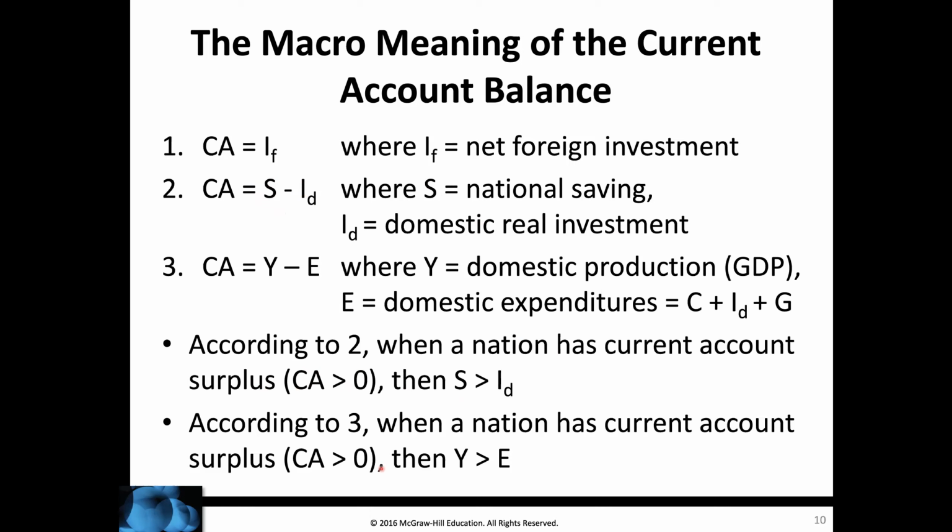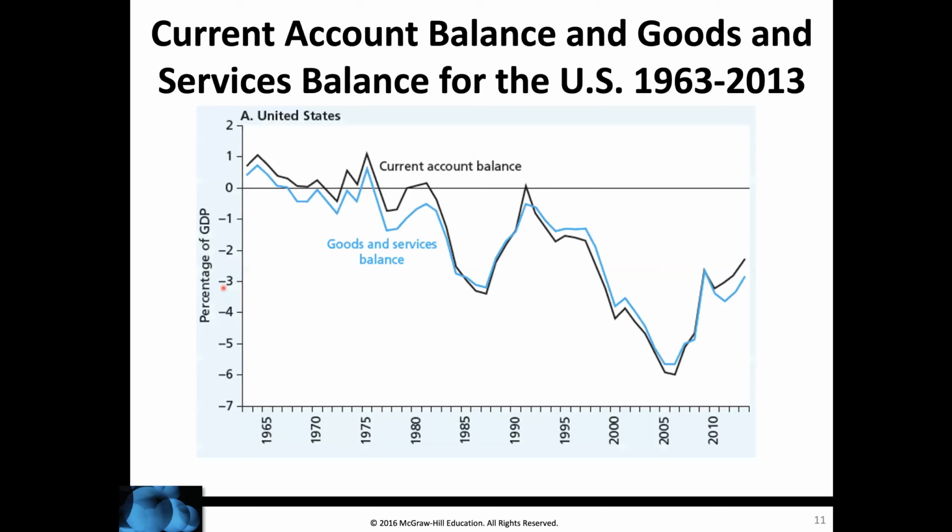According to 3, when a nation has a current account surplus, where the current account is greater than 0, then Y, domestic production, is greater than domestic expenditures, which of course is consumption, real investment, and government expenditures. So we're producing more than we are consuming as a nation, so our current account is growing at that point. So that's more from a macro meaning of the current account balance.